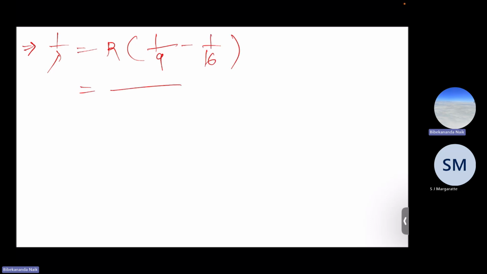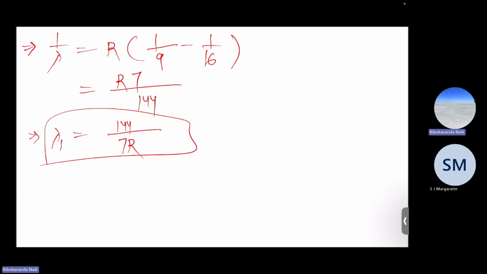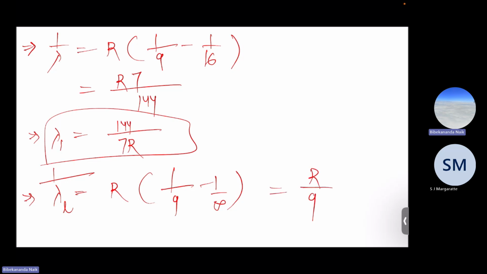It will be 7 by 144, so lambda 1 is 144 divided by 7R. Now for lambda L, that is the last member or the shortest wavelength, what will be 1 by lambda L? It will be R into 1 by 9 minus 1 by infinity, that is R by 9.